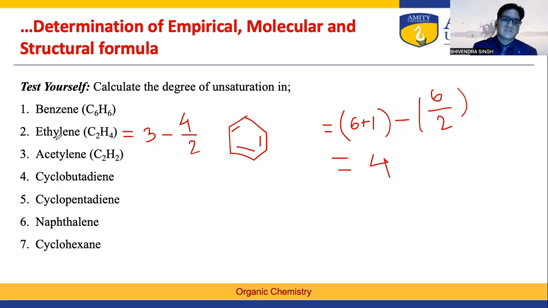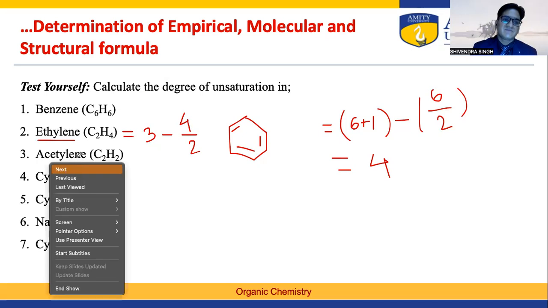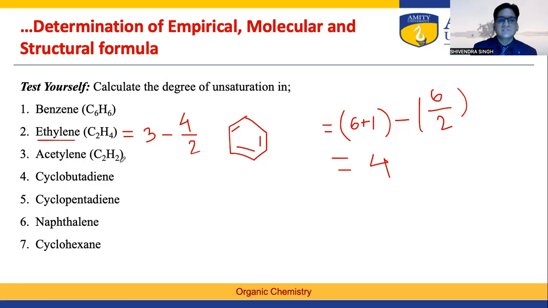Similarly, for acetylene, if we apply this concept, it will be 2 plus 1, which means 3 minus 2 by 2. Sorry, it will be 3 minus 1, so it will be 2. It means there are 2 pi bonds present in acetylene.